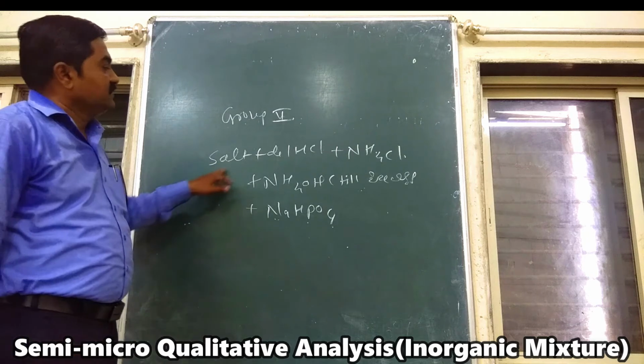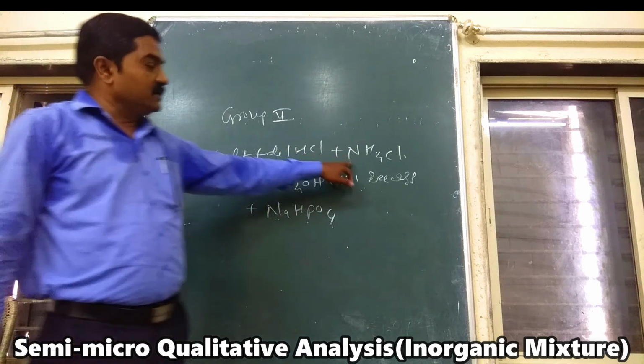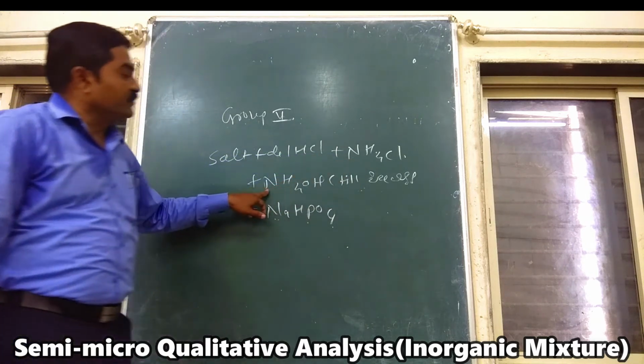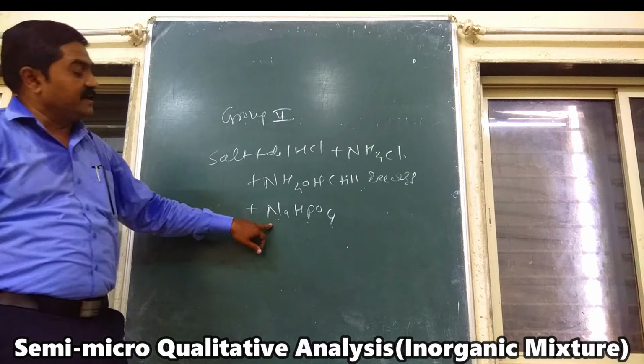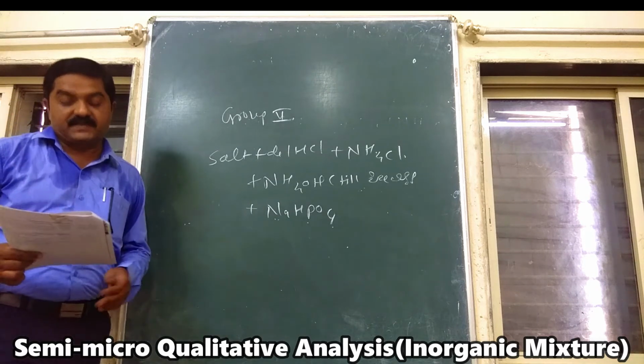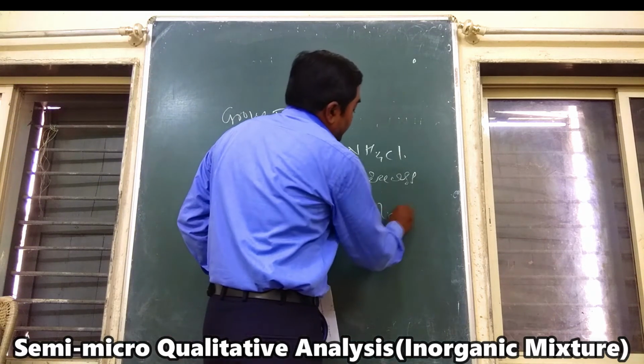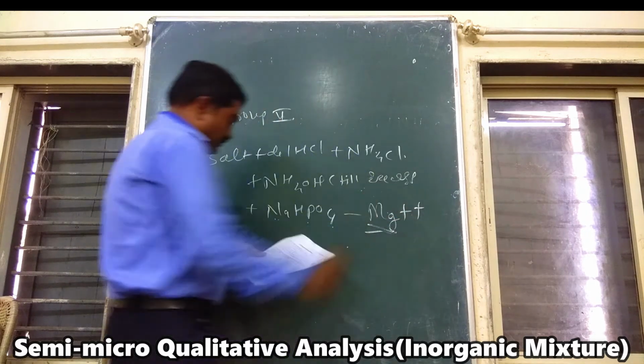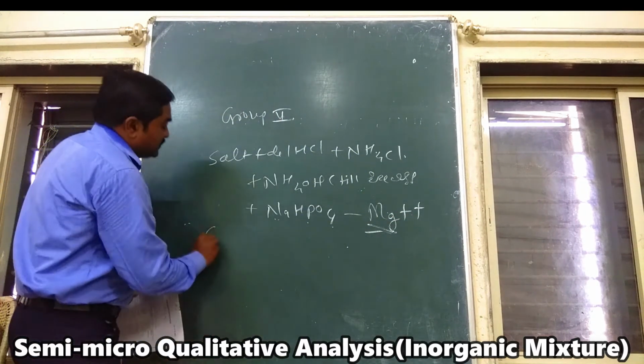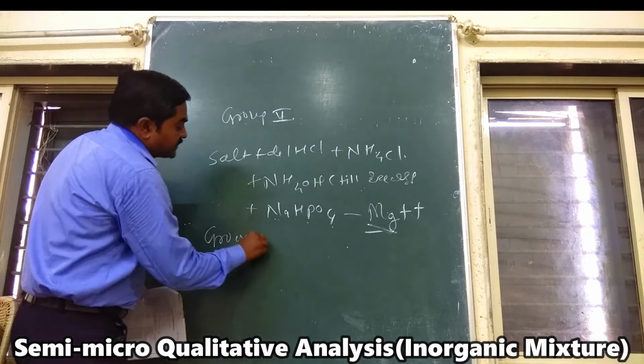For the group fifth, salt plus dilute HCl plus ammonium chloride, ammonium hydroxide till excess, and then addition of sodium hydrogen phosphate. If the white PPT is present, then magnesium may be present here. Okay, so the last group is group 6.